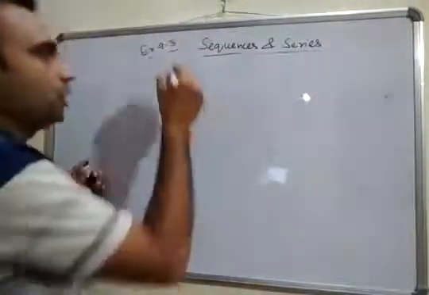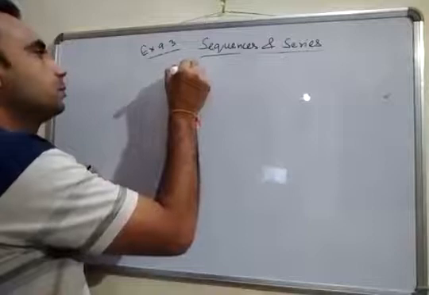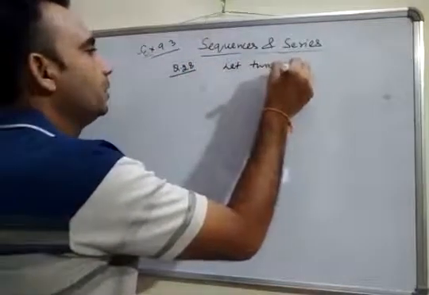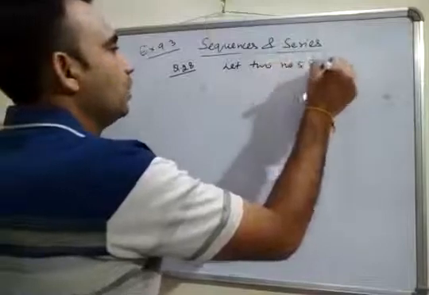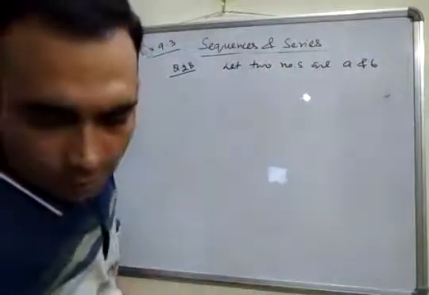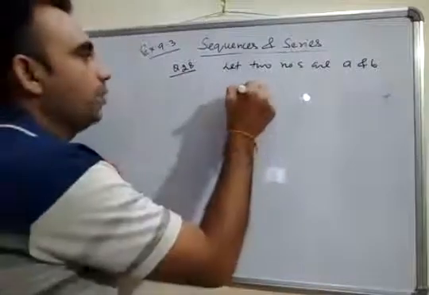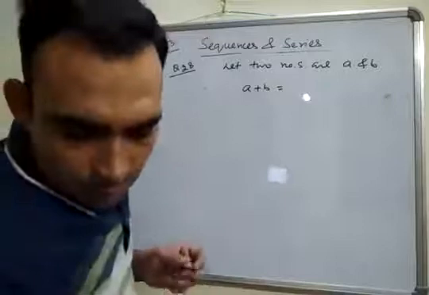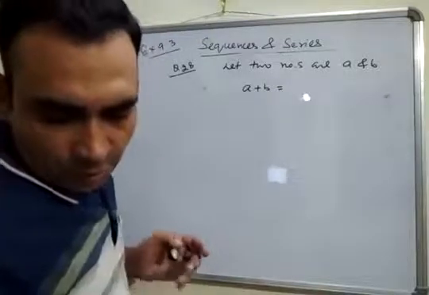Question number 28. Let two numbers are A and B. It is given that sum of two numbers implies A plus B is 6 times their geometric mean.